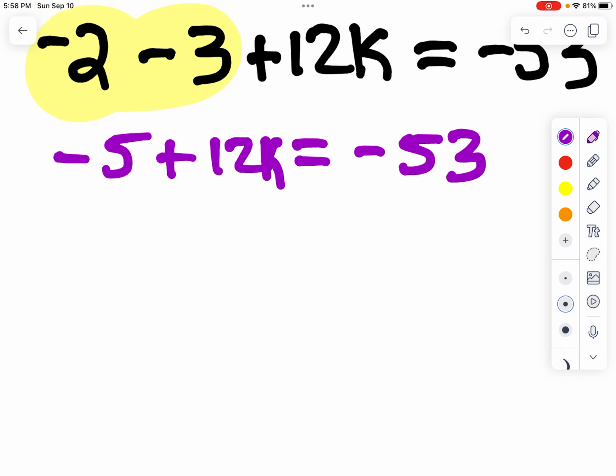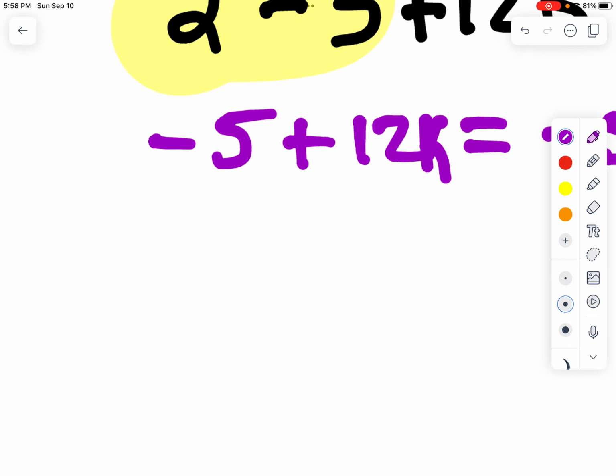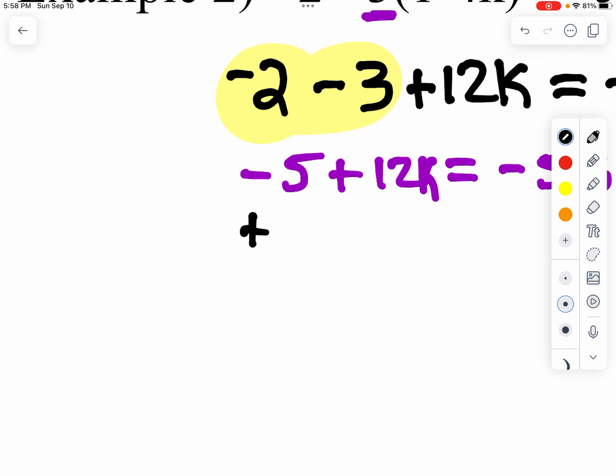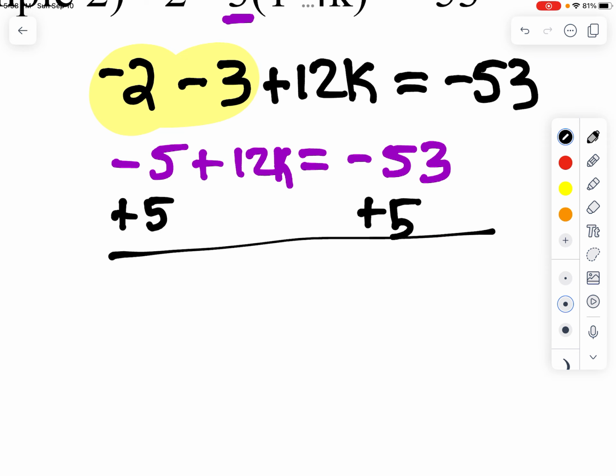All right, so now I'm back to another 2-step equation, trying to get that variable by itself. So I'm going to add 5 on both sides. The 5's cancel.